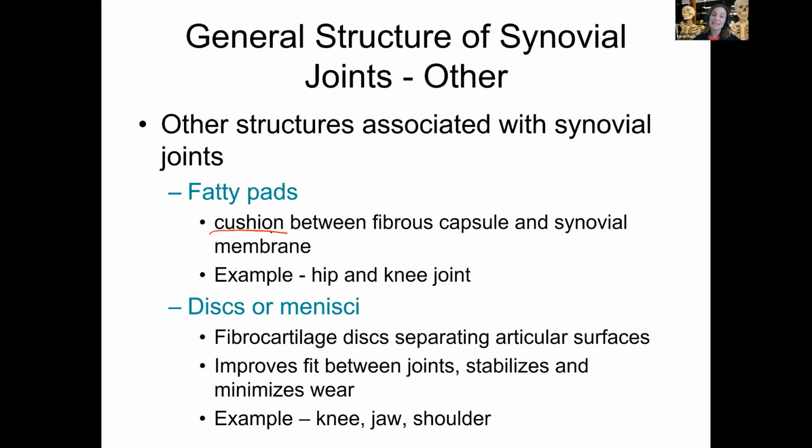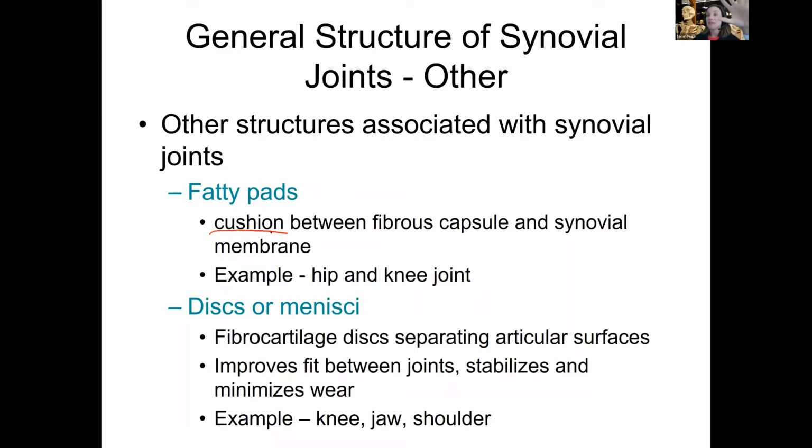Discs or menisci, these are fibrocartilage pads. So remember, fibrocartilage is a type of cartilage that's super tough, can withstand a lot of pressure. So you'll have a pad of fibrocartilage actually separating the two articulating bones. So where the two bones come together, they're actually resting on a pad of cartilage.